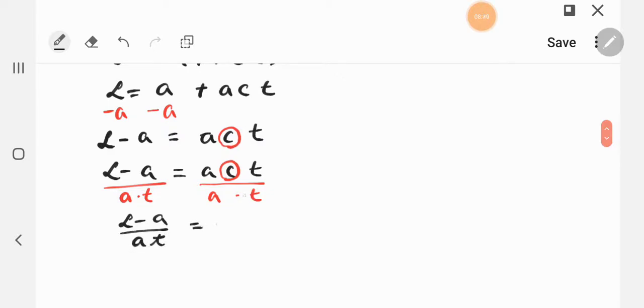And the right side, A and T are cancelled out, so we got C. So from this, interchange the sides. So the solution for C is equal to L minus A over AT. So that is the solution.